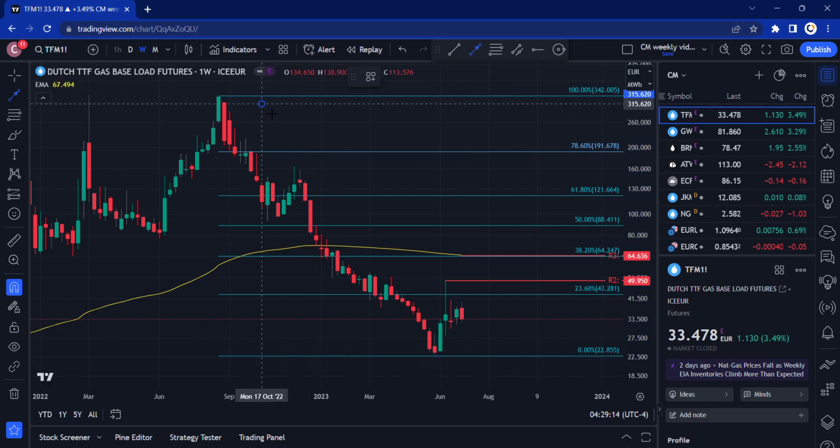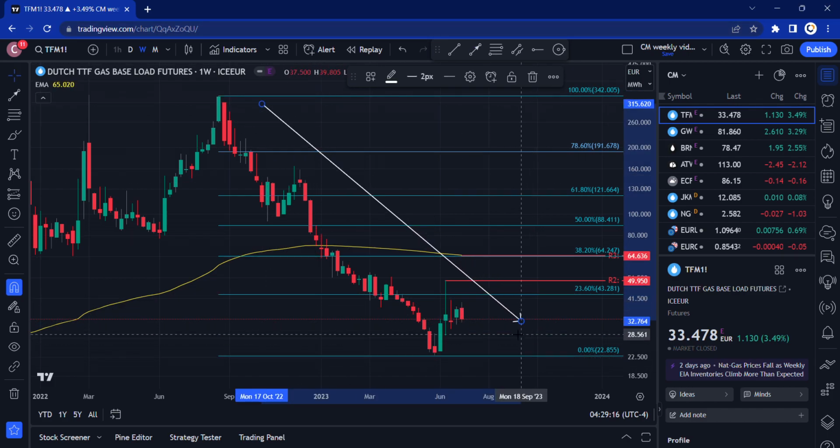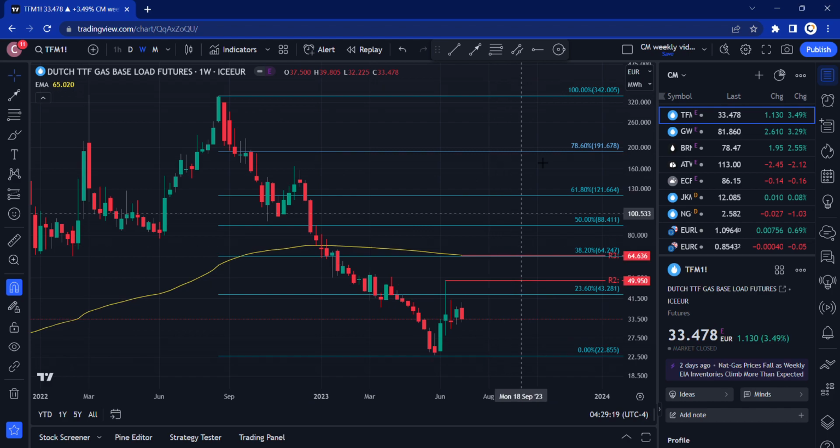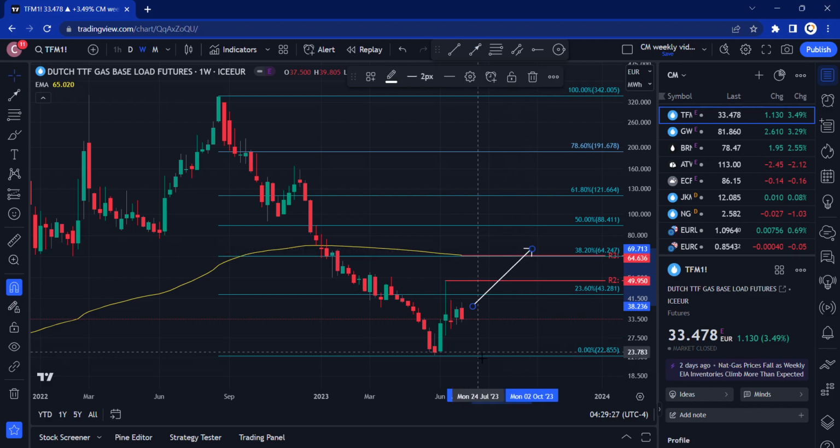So the overall direction is still lower. If we were, however, to push above the 23.6% and towards the 38.2%, then we would be dealing with a real extended midterm correction. Can you see how the 200-week exponential moving average also coincides with the 38.2% fib retracement? We are in the 69, 65 range.